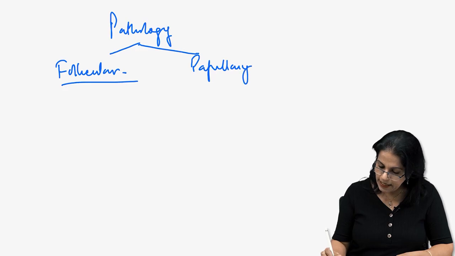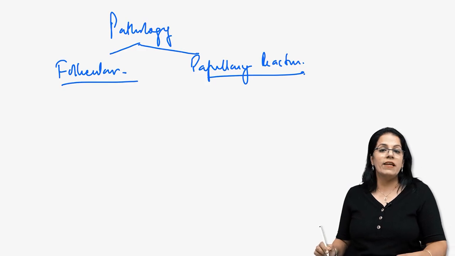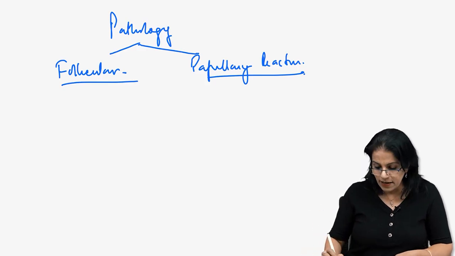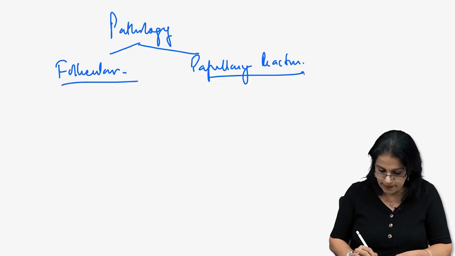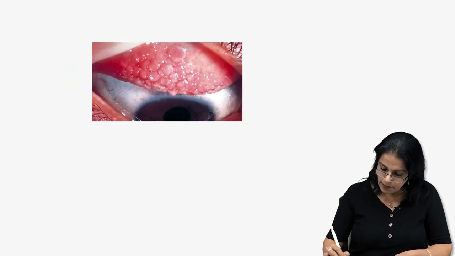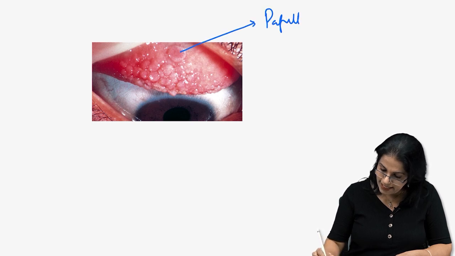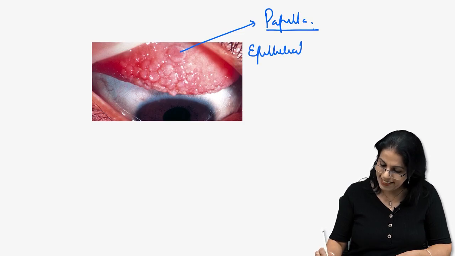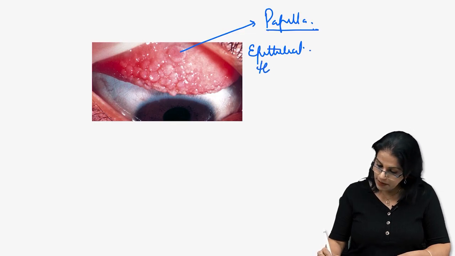Now, when you say papillary reaction, there is formation of papilla, which are raised flat areas. So, what is a papilla? Let's understand. Papillae are mainly epithelial hyperplasia.